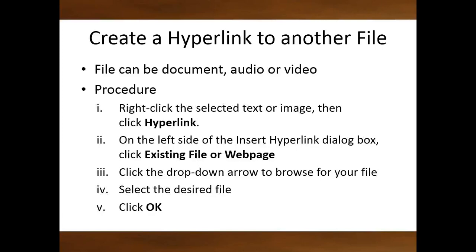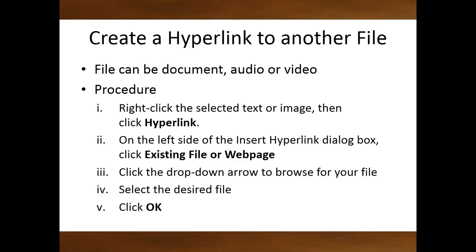Right-click the selected text or image. Then click Hyperlink on the context menu. 2. On the left side of the Insert Hyperlink dialog box, click Existing File or Web Page.